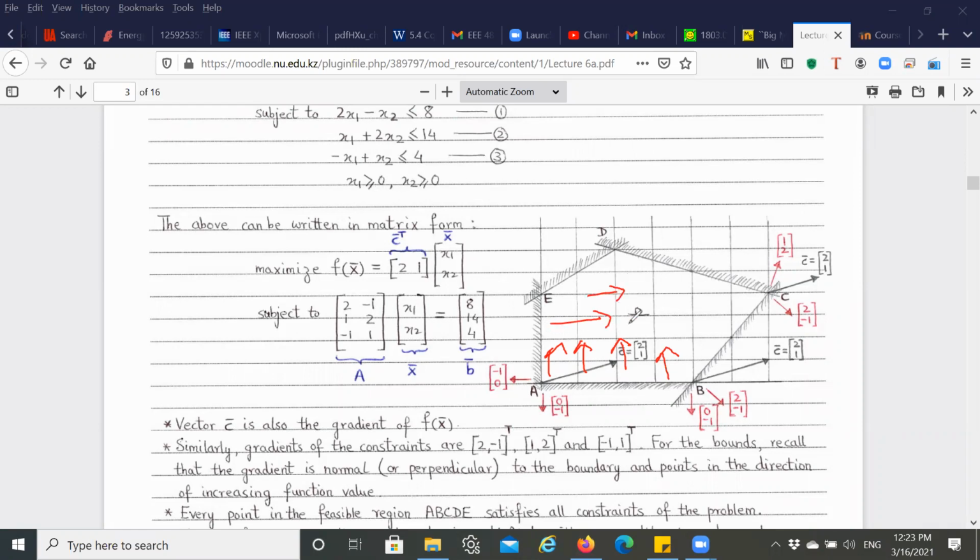And if you have x2, it means everything above this. So this is the direction in which the value of x1 or x2 would be increasing. So if you look, you see the gradients of the constraints.